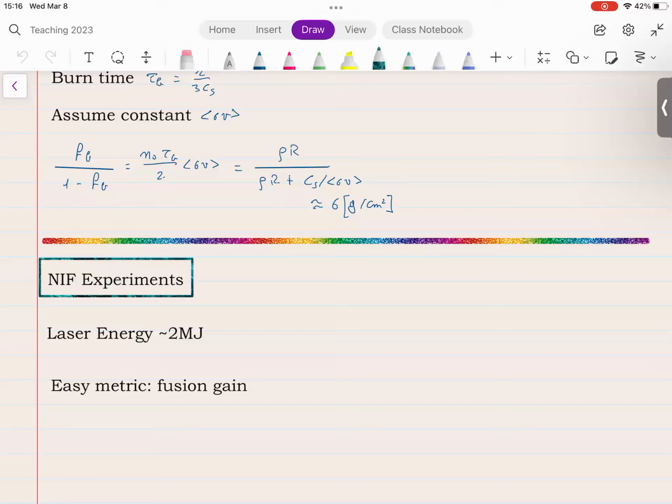One subtlety that you have to be careful about is that this is not a great metric. The problem is that it's not that obvious how to make a better one. But the reason why it is not a great metric is that the achievement of ignition is akin to an instability.